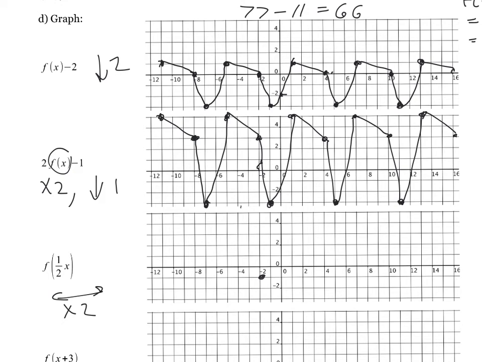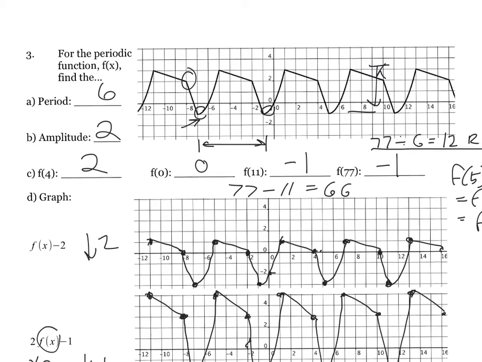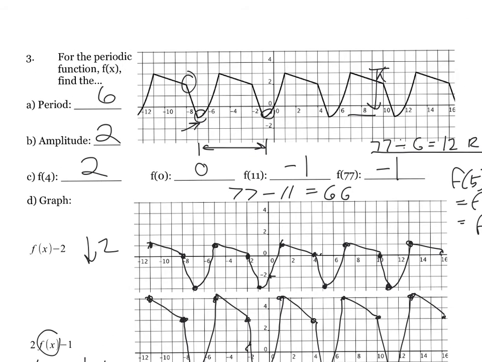And likewise, there was a point at x equals +1, y equals 3, that goes to x equals 2. And we had a point at x equals 4 and y equals 2, so that becomes x equals 8.